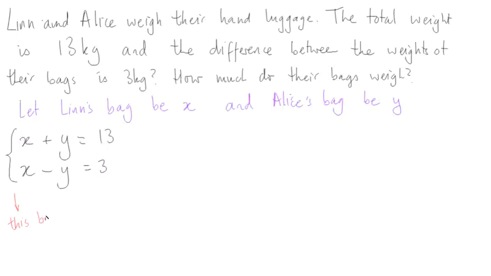This bracket means that we have a set of simultaneous equations. They're both going on at the same time. And we want to find X and Y. Well, how do we do that?